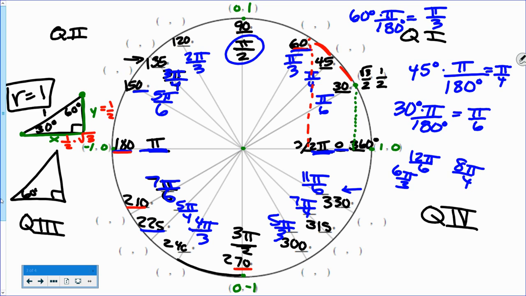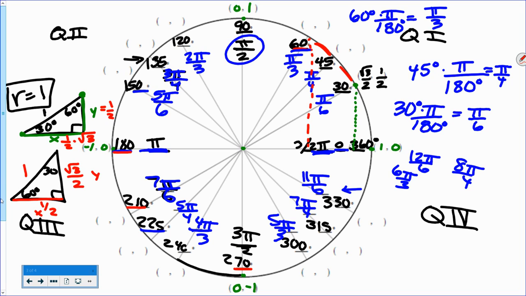So this is now 60 degrees, and this is 30. Once again, the hypotenuse has to be 1, since that's the radius on this circle. Now the short side is going to be my x and the long side is going to be my y in this case. So the short side is the 1/2, and the long side is the square root of 3 over 2.